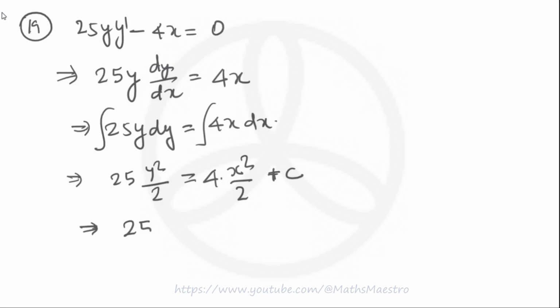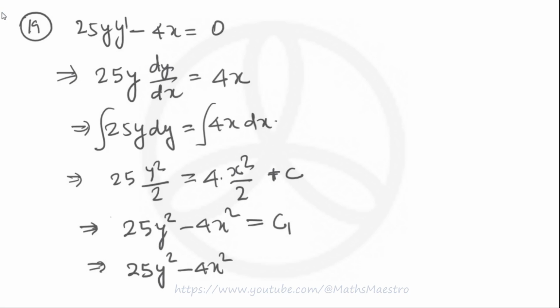This will become simply 25y square minus 4x square plus a constant c1, and c1 is purely a constant, since we have assumed a constant c, and when we multiply the entire expression with 2, this will become twice of that. I have assumed a different constant which will be twice of c, and that will be c1. For the sake of writing, you can also write 25y square minus 4x square is equal to c. This is perfectly alright. This is the answer.